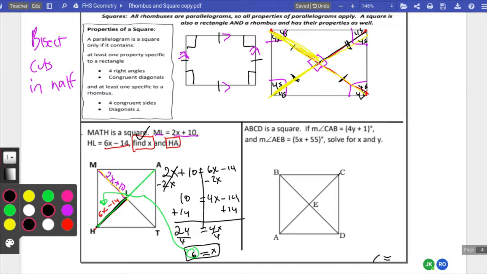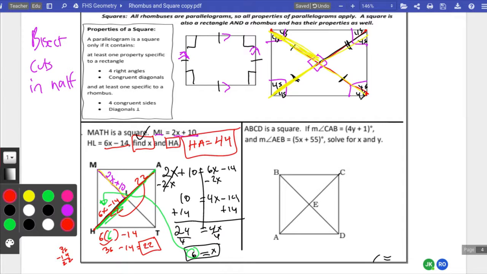So that should have 6 open parentheses, plug in 6, close that, minus 14. 36 minus 14. What is 36 minus 14? You get 22. So if this is 22, then this is also 22. 22, 22. Put that together. HA equals 44.